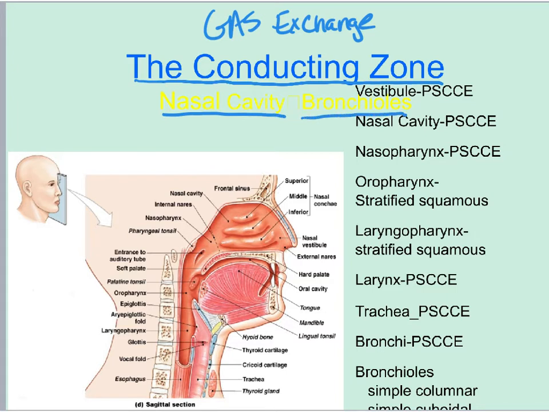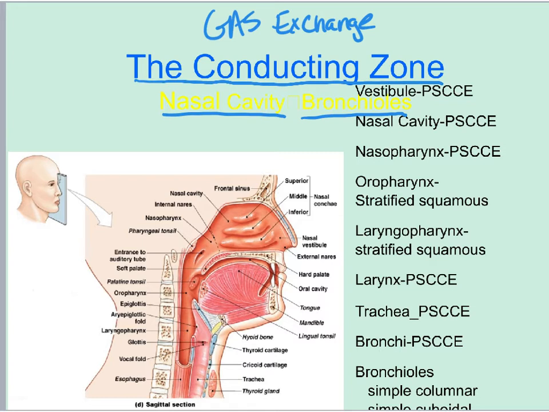And again, we lost some formatting there. I apologize. But that's going to be the focus of this first part of this lecture: structures that make up the conducting zone, meaning these parts of the tube do not carry out gas exchange.